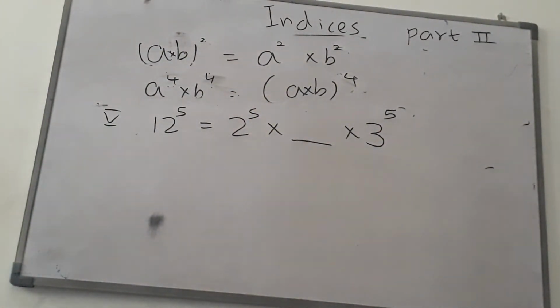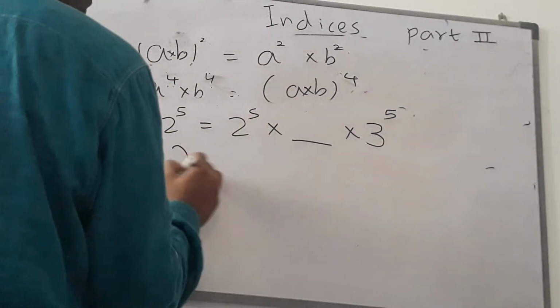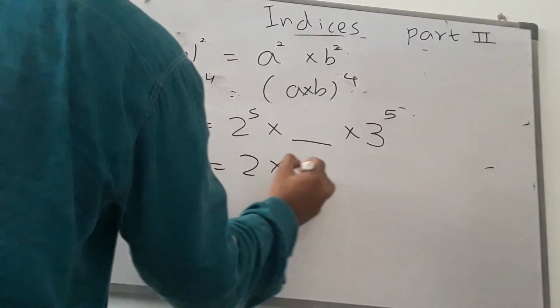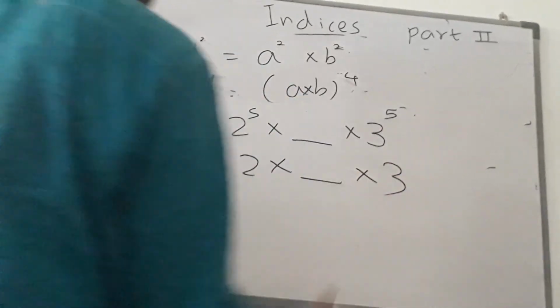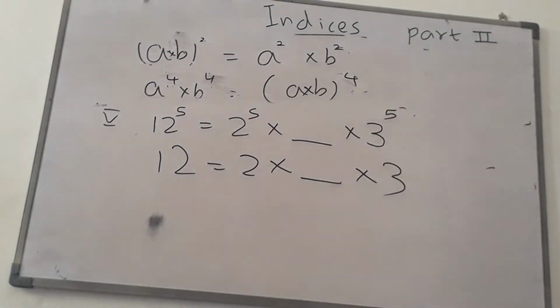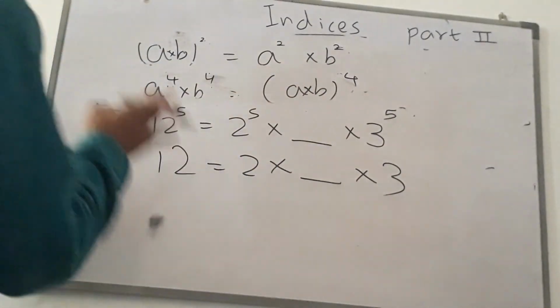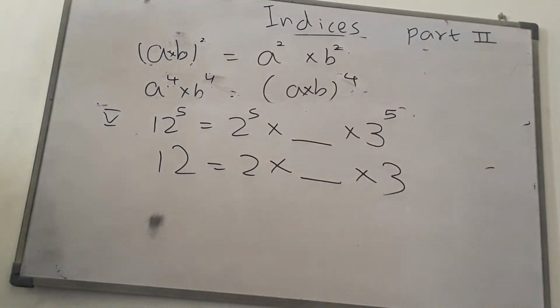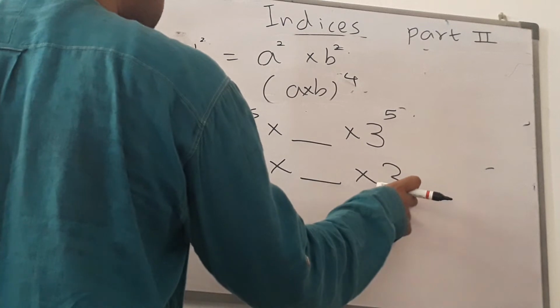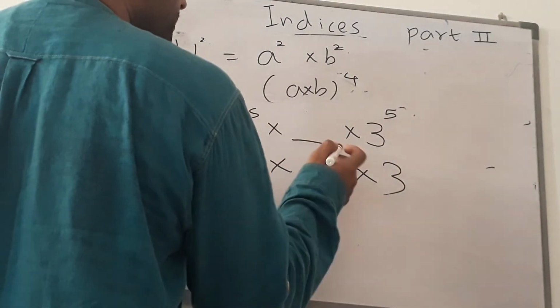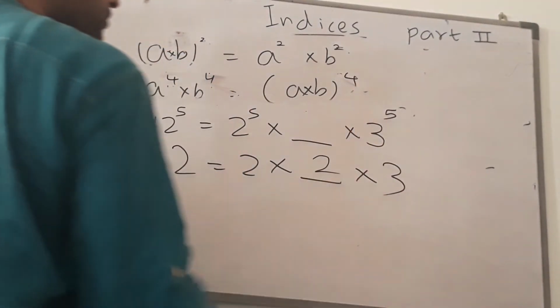Okay, I am going to rewrite 12 as a product of 2 times something times 3. Okay, 2 times 3 is 6. 6 times what is 12? 6 times 2 is 12.